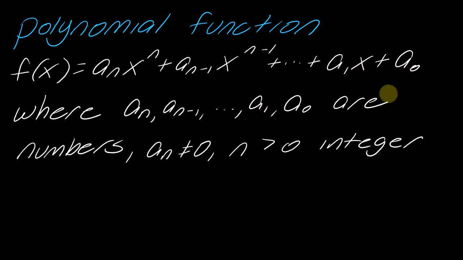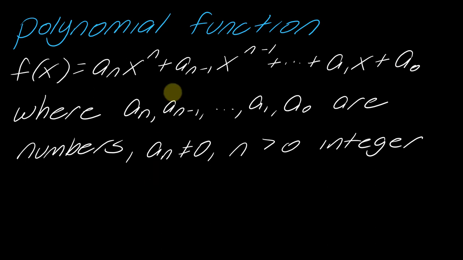So I know this looks really crazy, but basically the reason that this is so long is that polynomials can have whatever exponent you want as long as it's a positive whole number. So I could have a polynomial starting at x to the 100th, and then x to the 99th, and then x to the 98th, and go all the way down to x squared, x, and then a number. So polynomials can be as long as you want, really.